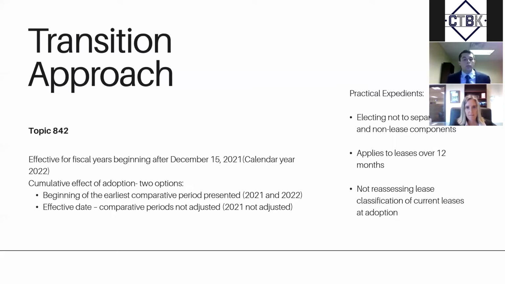There are certain practical expedients permitted for adopting Topic 842. We believe some of the most common to be electing not to separate lease and non-lease components, not applying Topic 842 to leases with a lease term of 12 months or less, and not reassessing lease classification of current leases at adoption.